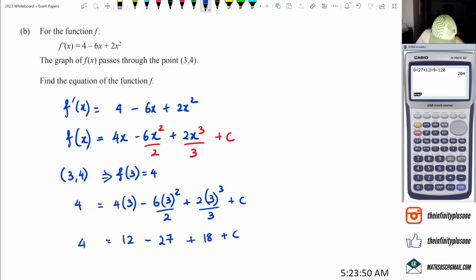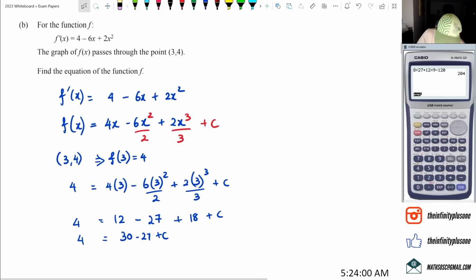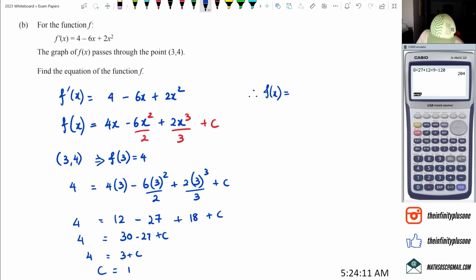Plus 9 plus 18 plus c. You guys can do this easily on the calculator, but I'm just being a bit lazy at the moment. I don't want to type all of that in there. So 4 is equal to 3 plus c, and c is equal to 1. So we need to write down the equation: f of x equals 4x minus 6x squared over 2.